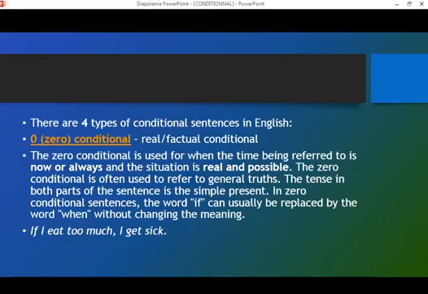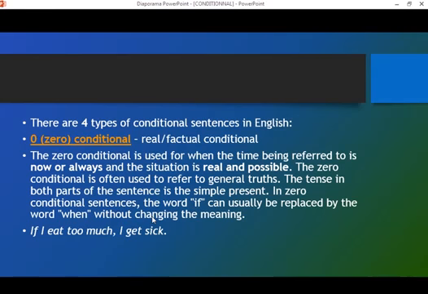The zero conditional is used when the time being referred to is now or always, and the situation is real and possible. The zero conditional is often used to refer to general truths. The tense in both parts of the sentence is the simple present.